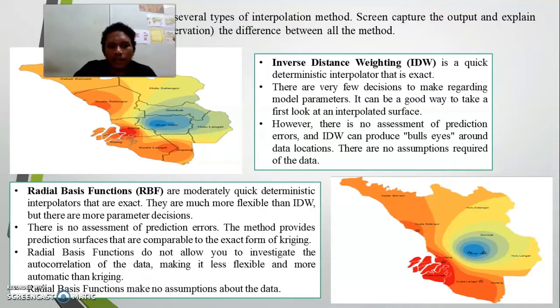The RBF also does not allow you to investigate the autocorrelation of the data, and it is less flexible and more automatic than kriging. And RBF also has no assumption about the data.